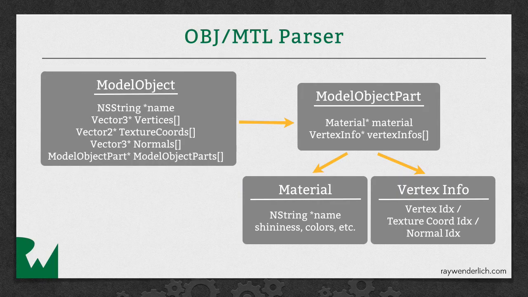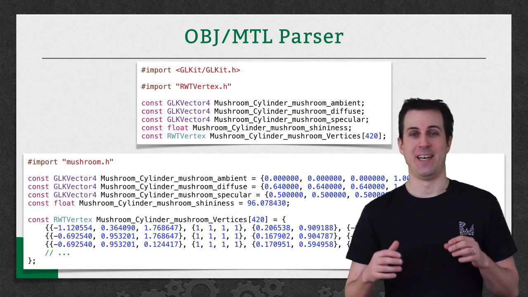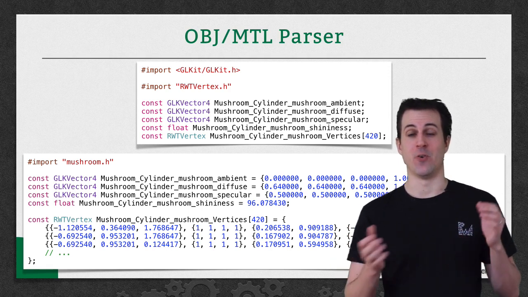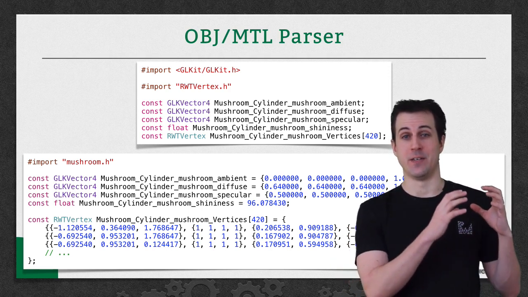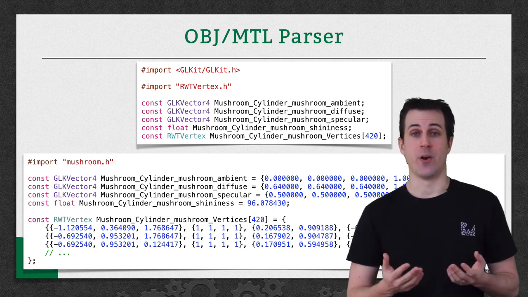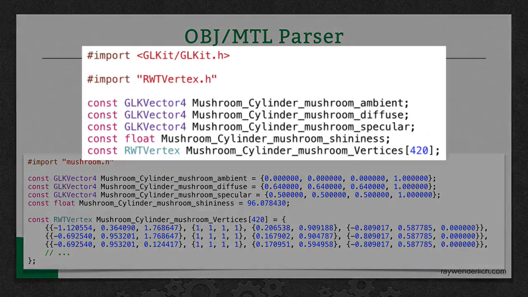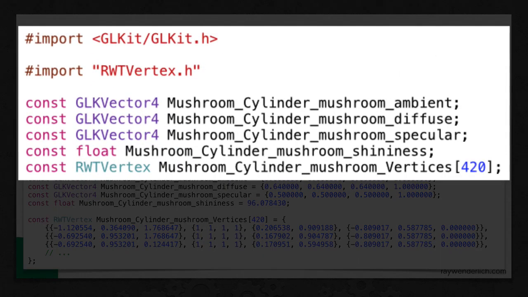Then we're going to run a separate algorithm to generate a header file and a .m file from this information. We can loop through all of these indices that are in the vertex info structure and look them up in the list of vertices and texture coordinates and so on, and come out with a header and a .m file. Here's what it would look like. At the top here, you see that there is a list of 420 mushroom vertices.